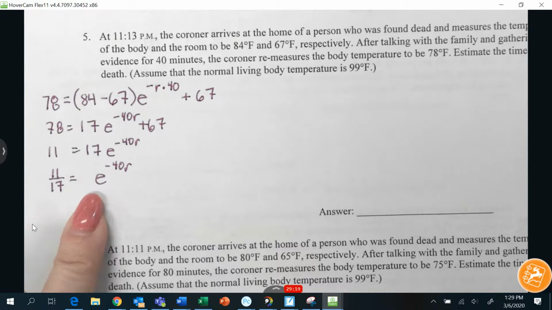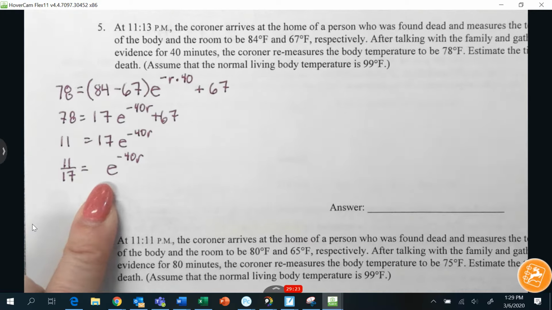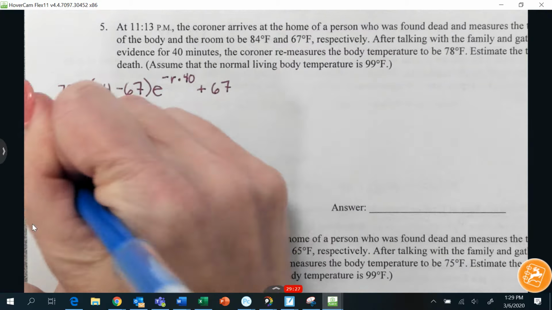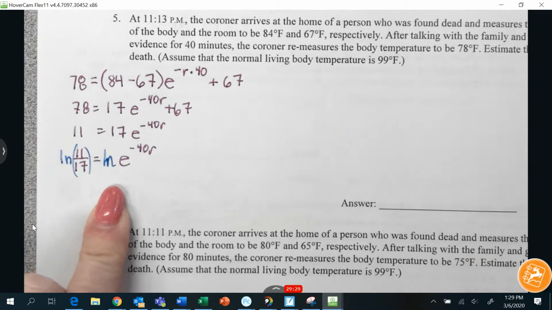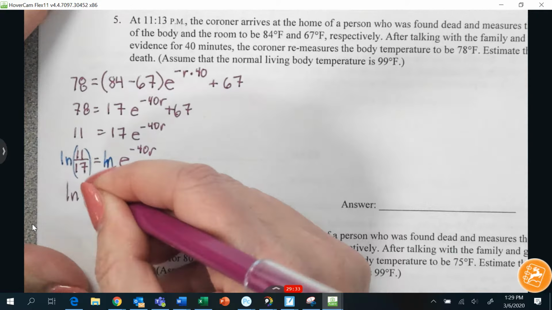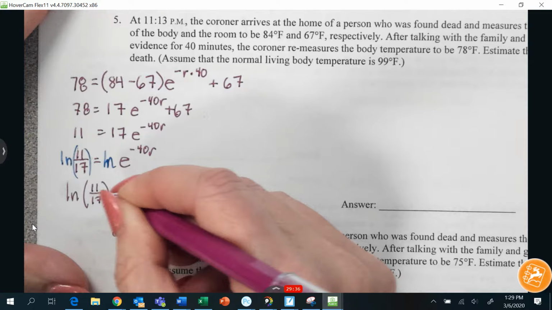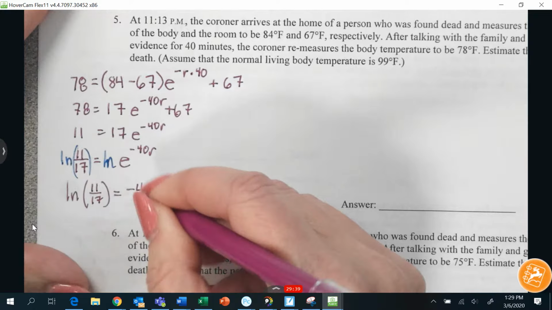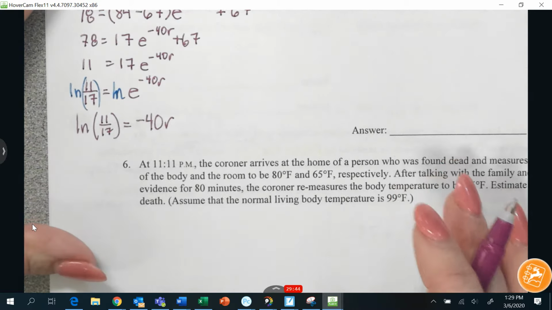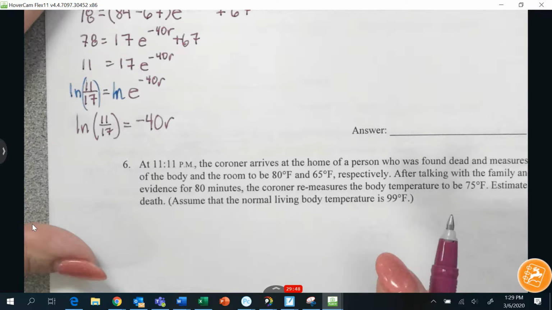Our next thing we need to get rid of is E. So how do I cancel out E? ln. Do that to both sides. If I do that to both sides, I now have ln of 11/17 equals negative 40R.